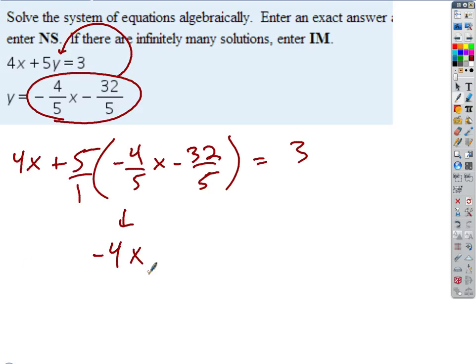And out front I've got my 4x still, can't forget that. If I distribute the 5/1 to the 32/5, I could multiply straight across and get negative 160 over 5, or I could just cancel the 5's, couldn't I? If I cancel the 5's, I just get negative 32/1, so it's just negative 32.